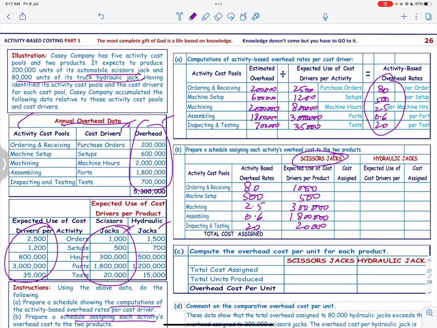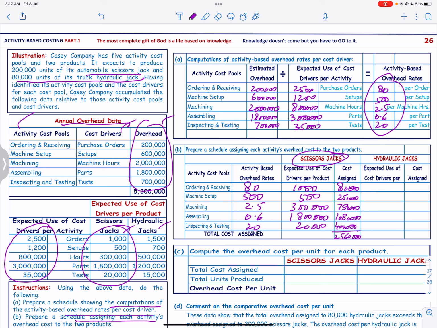So the cost assigned will be 80,000, 250,000, 750,000, 1,080,000, 400,000, and this gives us a total of 2,560,000.